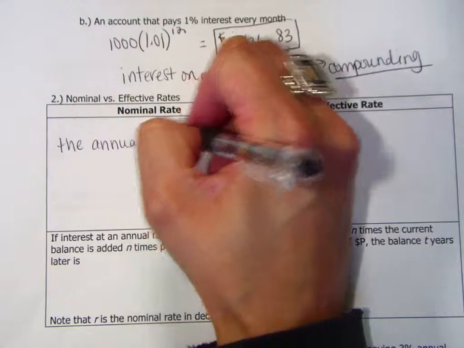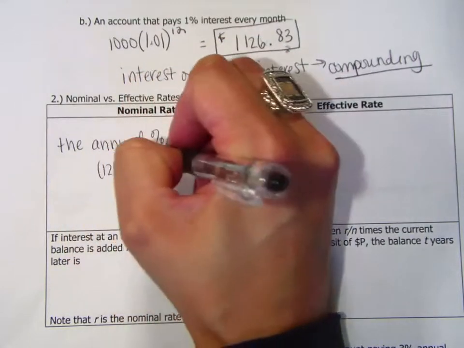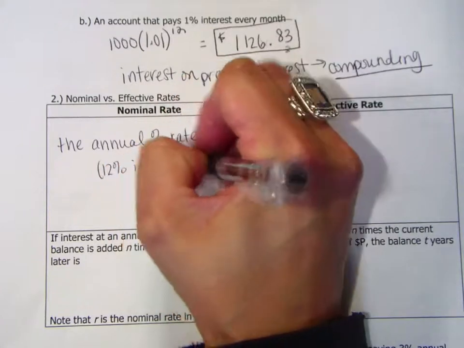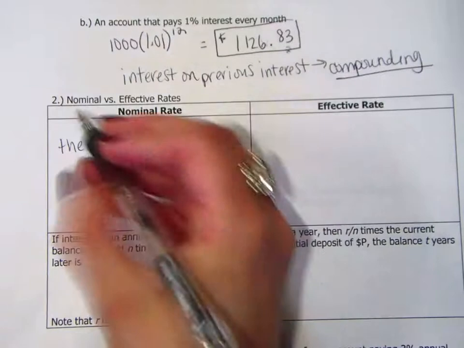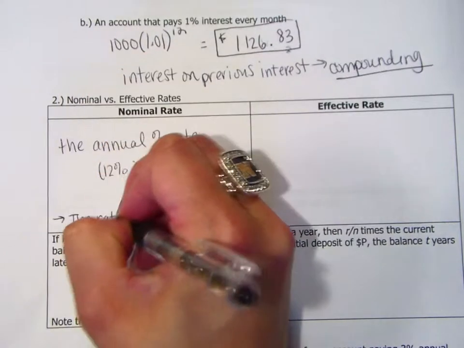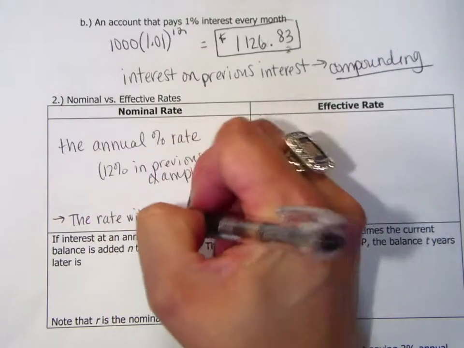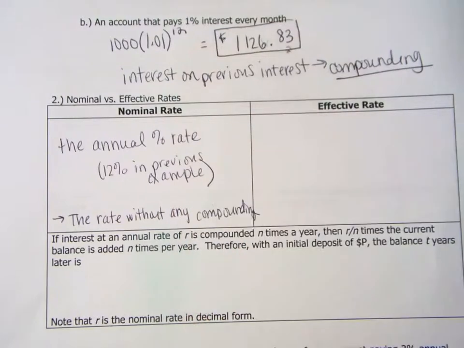So this would be the 12% in that previous example. This is the rate without any compounding.